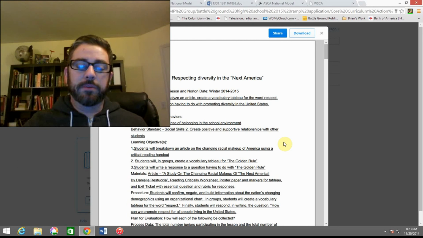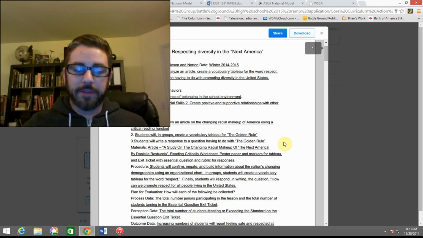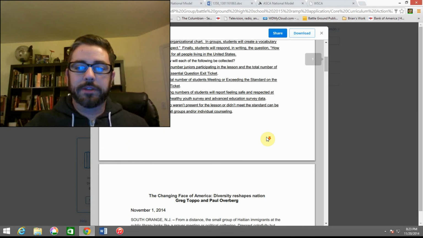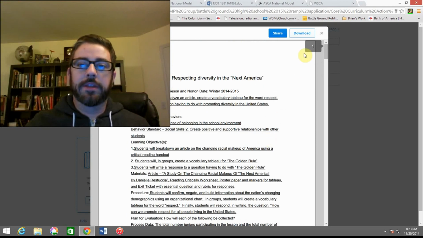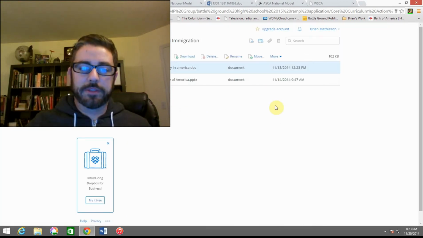And we're practicing the new mindsets and behaviors, along with having learning objectives, an exit ticket that helps us with our perception data. So you can take a look at our lesson in there, and as we develop more lessons and get those tightened up, we'll have more in the Dropbox.